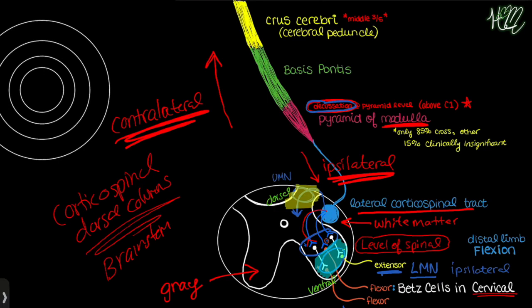So lower motor neuron lesions will always be the result of an ipsilateral lesion. It's your upper motor neuron problems that become a little bit more complicated because it can be anywhere along an ipsilateral or a contralateral tract. So you'll have to do some anatomy searching to find out which part of the upper motor neuron tract actually has the lesion. But if you see anything lower motor neuron, boom, it's ipsilateral. You're good.